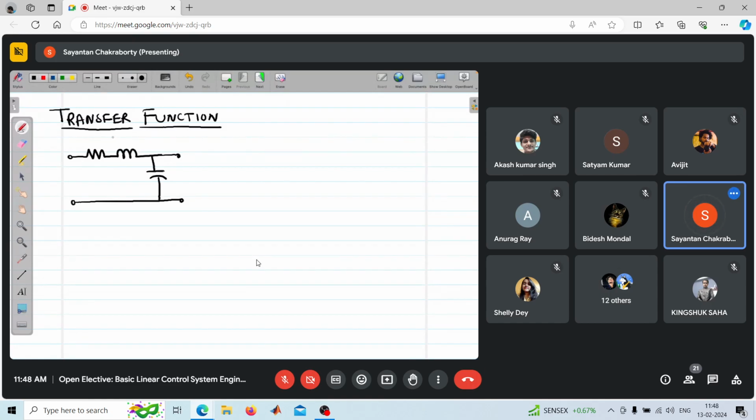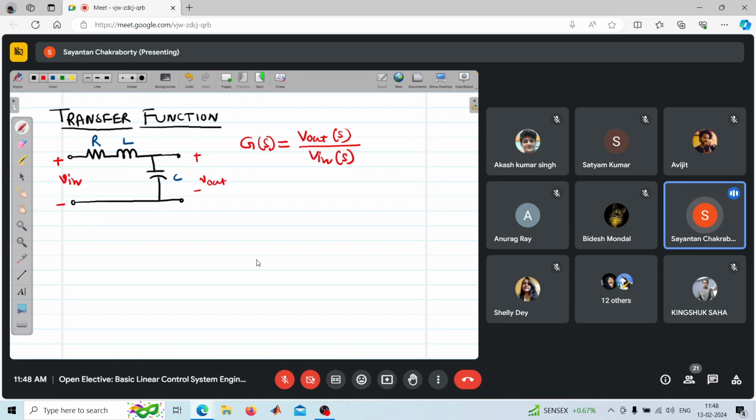So we have an RLC circuit where this is your V in and this is your V out. So we need to find out the transfer function, say G(s) as V out(s) by V in(s).